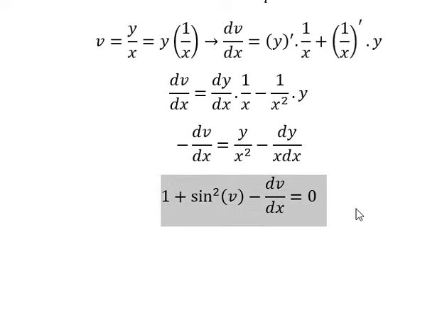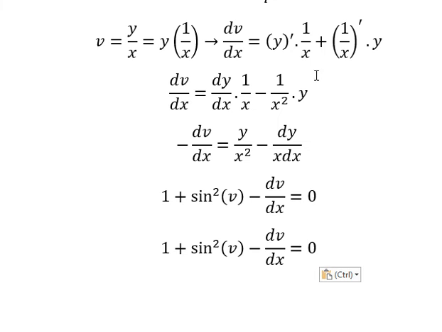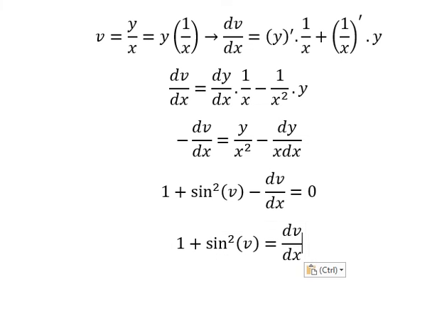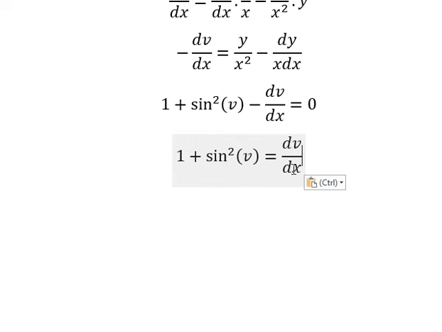Next, we put this one go to the right, and you got about positive. Dx will go to the left. 1 plus sine v squared will go to the right.